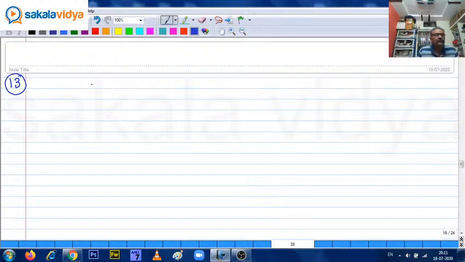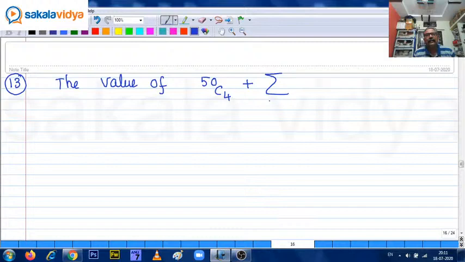The value of 50C4 plus sigma r is equal to 1 to 6, (56 minus r) C3 equals to.